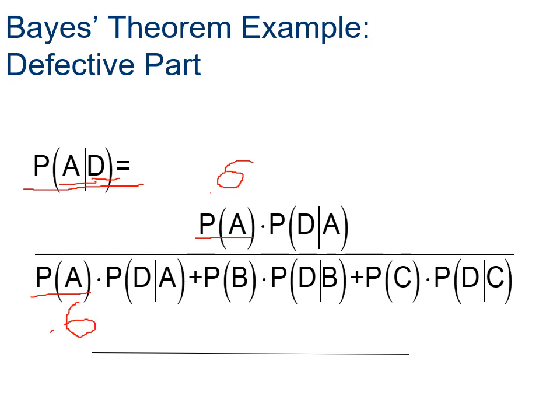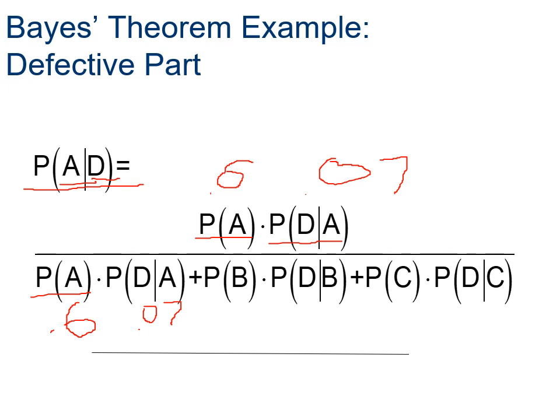So it's 0.6 times the probability that it was defective, given it came from A. Now in A, the probability, or 0.007, if you remember, were defective. So right here, the probability that it was defective and came from A is 0.6 times 0.007 over 0.6 times 0.007.